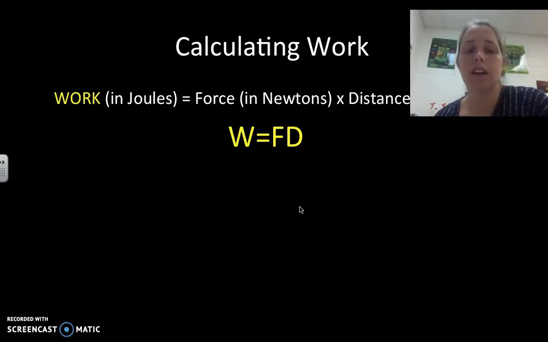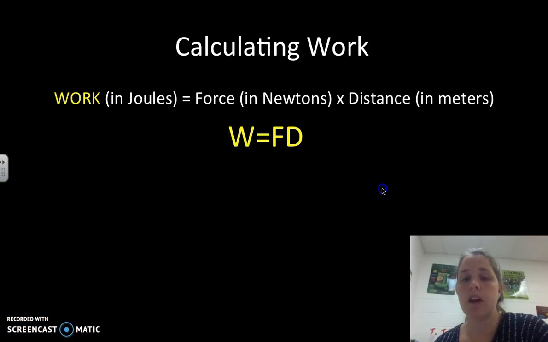When you calculate work, work is calculated in a unit called joules, which we'll talk about in a sec. We are looking to calculate work in joules using the force in newtons. Remember, we calculated force equals mass times acceleration, and distance in meters, how far the force is moving the object, and that is what you use to calculate the work.